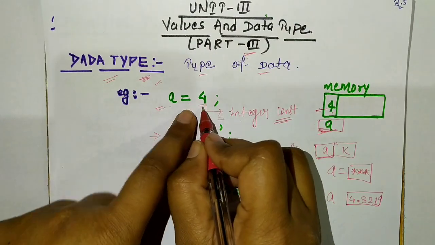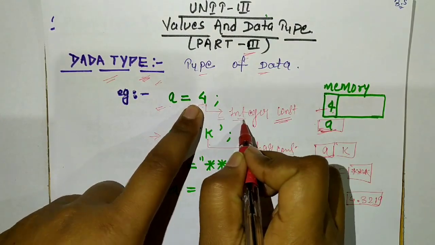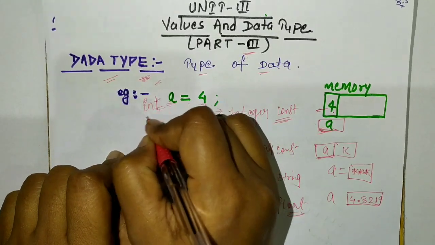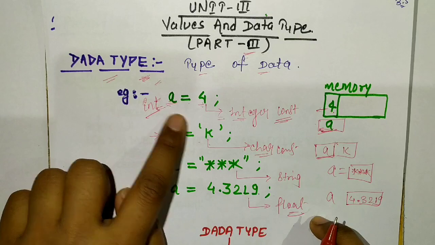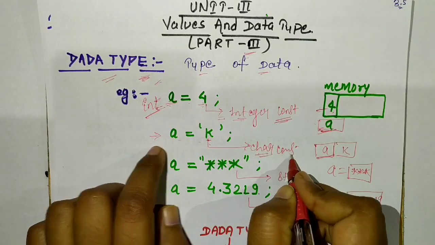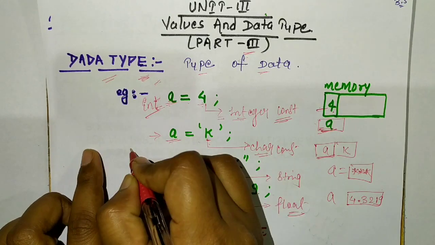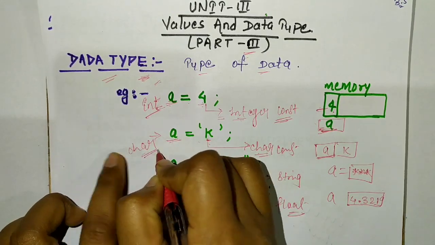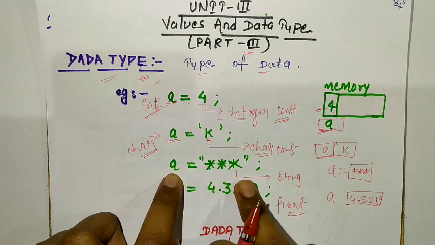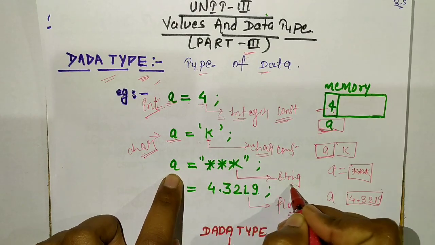Here 4 is an integer constant, so the data type of a is integer. Here k is a character constant, so the data type of a is character. So a equal to star is a string.